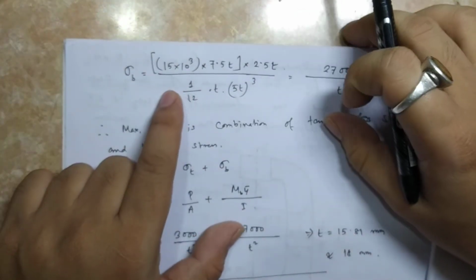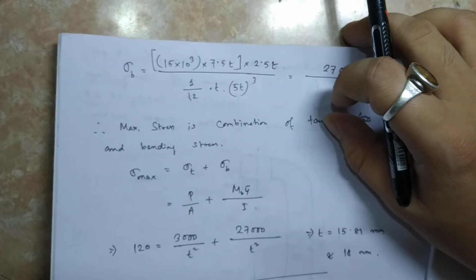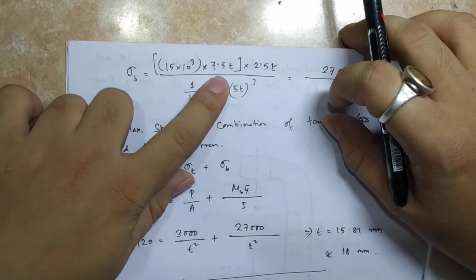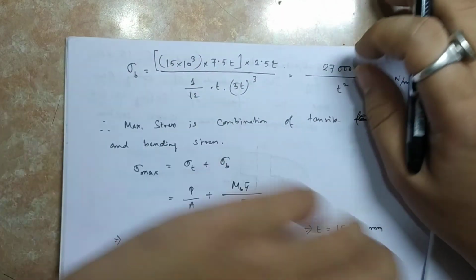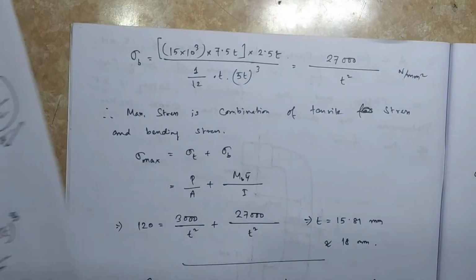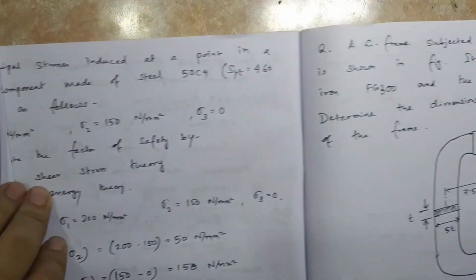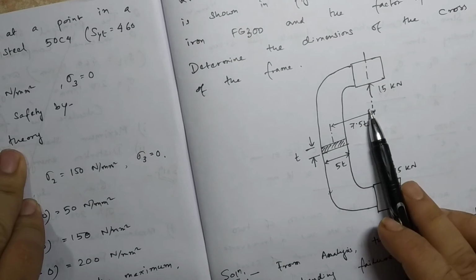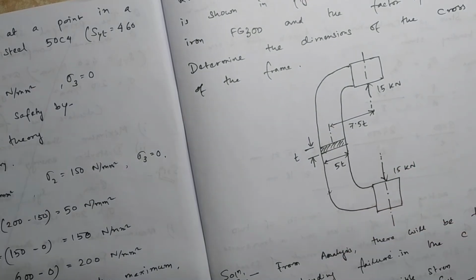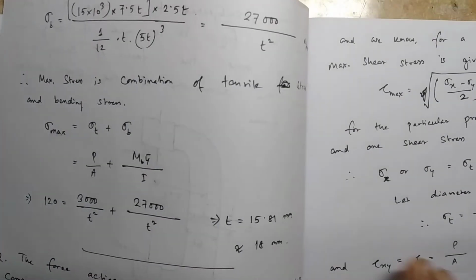So the force is 15 divided by 3, into 7.5 t. This is the force, multiplied by the distance. Here also you can have a look: force multiplied by the perpendicular distance to your neutral axis. So this is your Mb value.